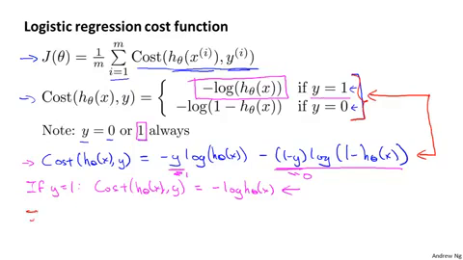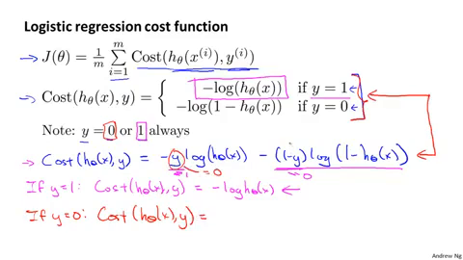The other case is if y is equal to 0. In that case, this first term here would be equal to 0, whereas 1 minus y becomes 1 minus 0, which is just equal to 1. And so the cost function simplifies to just this last term, because the first term gets multiplied by 0 and disappears.